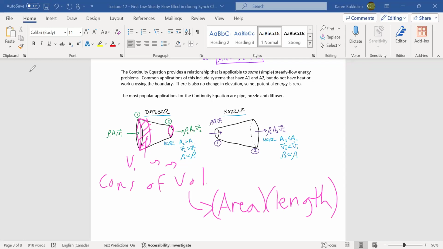But if I were to take exactly this fluid and move it along this diffuser and fit it down here, then it's going to take up more length, isn't it? Because it's skinnier. So it's like now it's at the bottom of the cup, so it's going to take up a higher length, right? But that has to move out at the same volumetric flow rate.